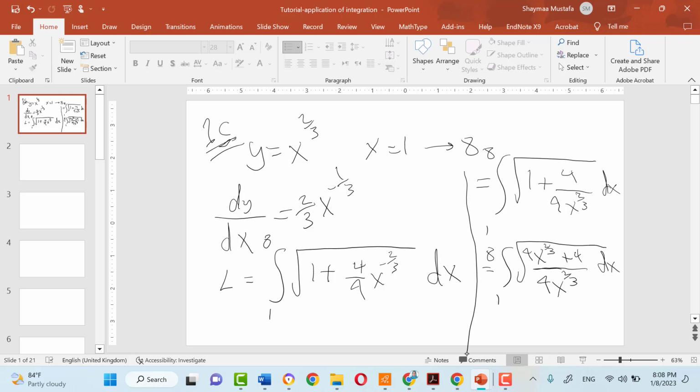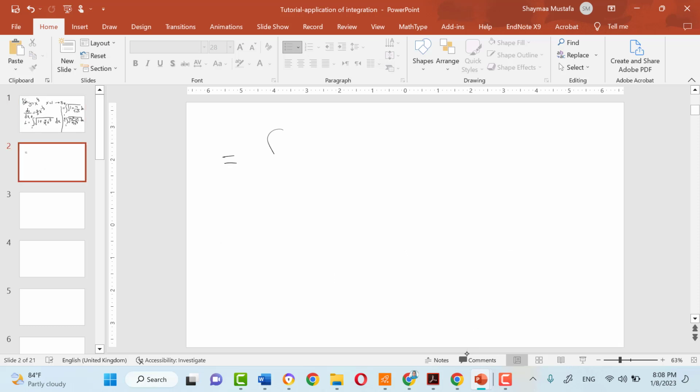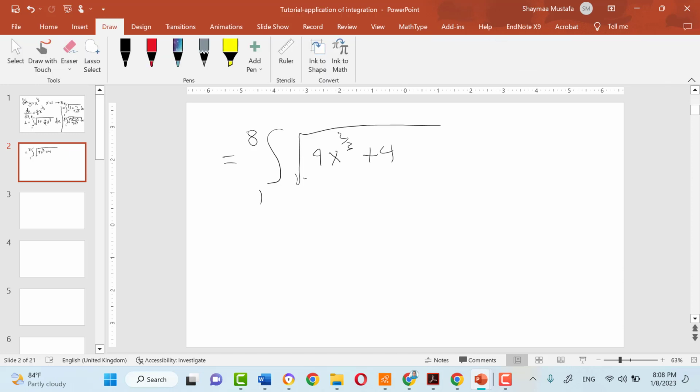So we complete here. This will be equal to the integration from 1 to 8 of the square root of 9x to the power 2 over 3 plus 4, over 9x to the power 2 over 3 under the square root.